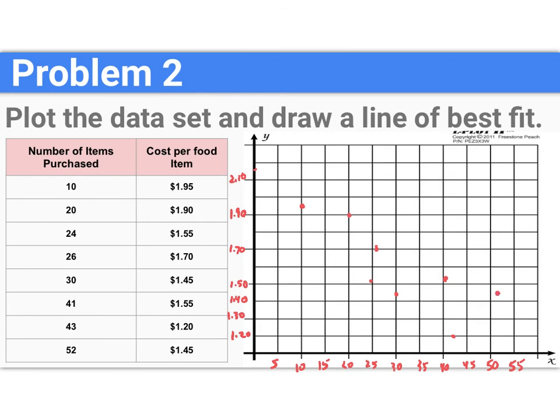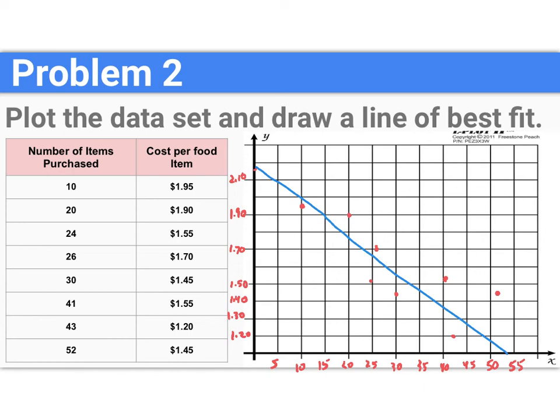Okay. So you would think the more items you buy, the cheaper it would be. 1, 2, 3, 4, 5, 6, 7, 8, 9. So roughly 4 dots should be above and 4 dots should be below our trend line. Maybe something like that.